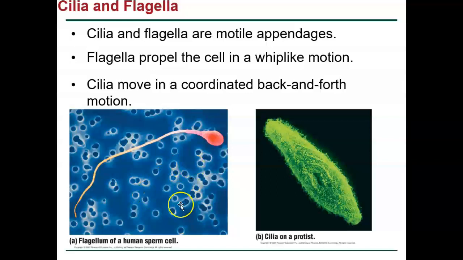In a human, this is how sperm swim. So the thing on the end, the tail, is called the flagella. Now you can also get, instead of this long tail that helps it move, you can get cilia. Now cilia are much shorter and they move in a coordinated fashion back and forth.